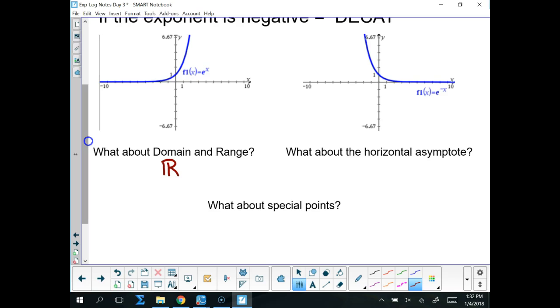What about the range? Y is greater than 0. Now, if we do some shifts on it, then that would adjust that number. If we did a vertical shift on it, that would adjust that number, but that's just like the other ones. Okay? What about our horizontal asymptote? What is it? Y equals 0.